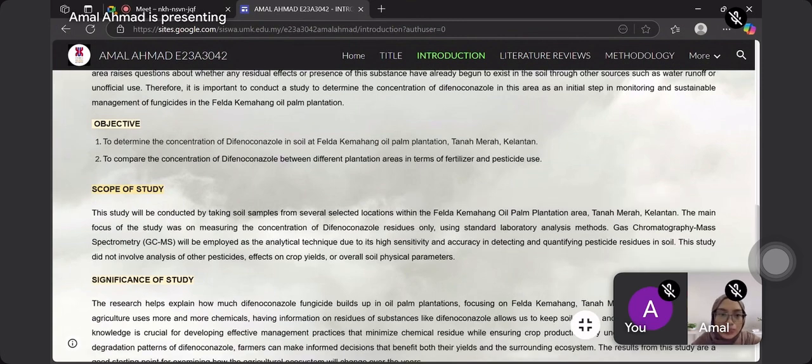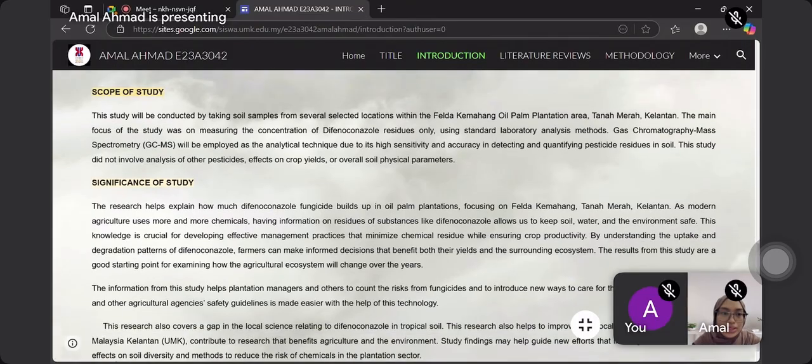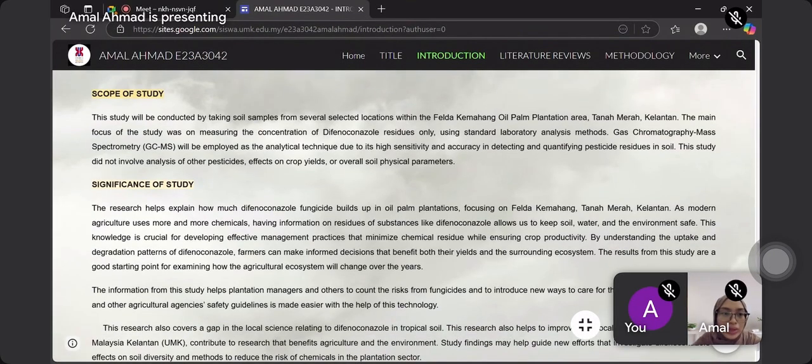So my scope of study: this study will be conducted by taking soil samples from several selected locations within the Felda Kemahang oil palm plantation area, Tanah Merah, Kelantan. The main focus of the study is measuring the concentration of difenoconazole residue only, using standard laboratory analysis methods.